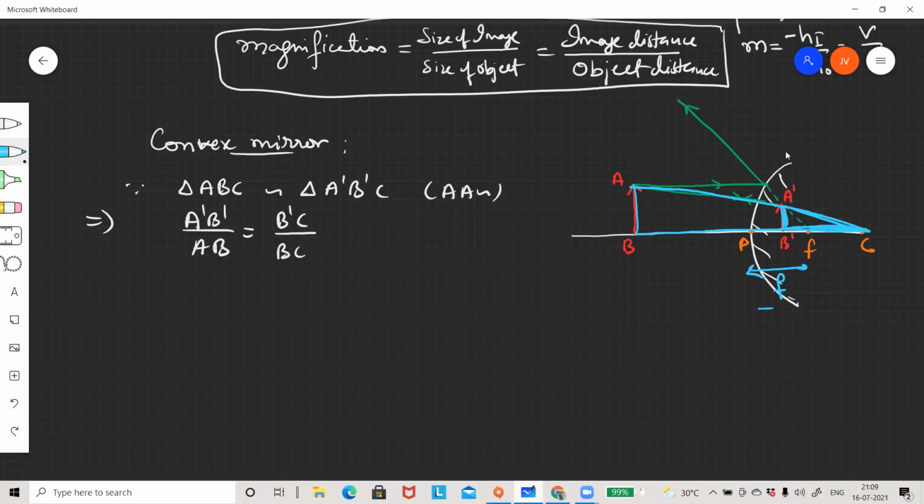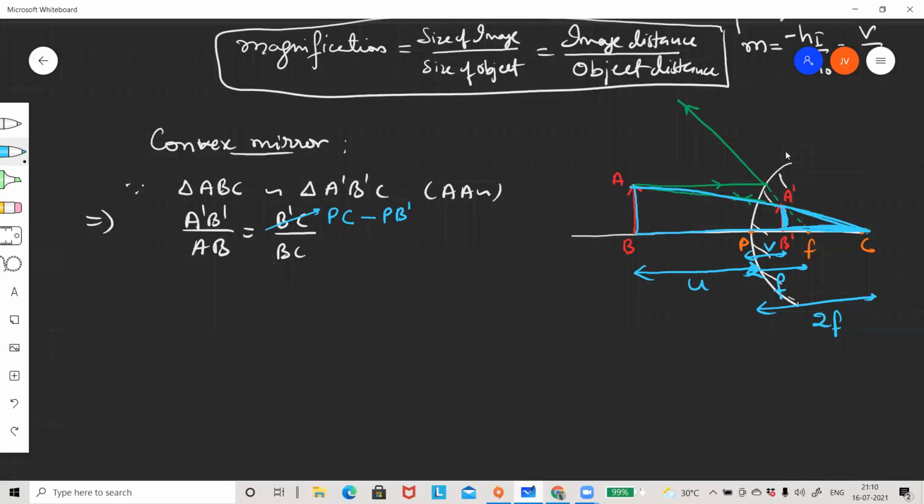In that case, this is twice F, this is the V, and this distance is the U. B prime C from the diagram is PC minus PB prime. From the long length PC, we will subtract PB prime, and we will get B prime C.